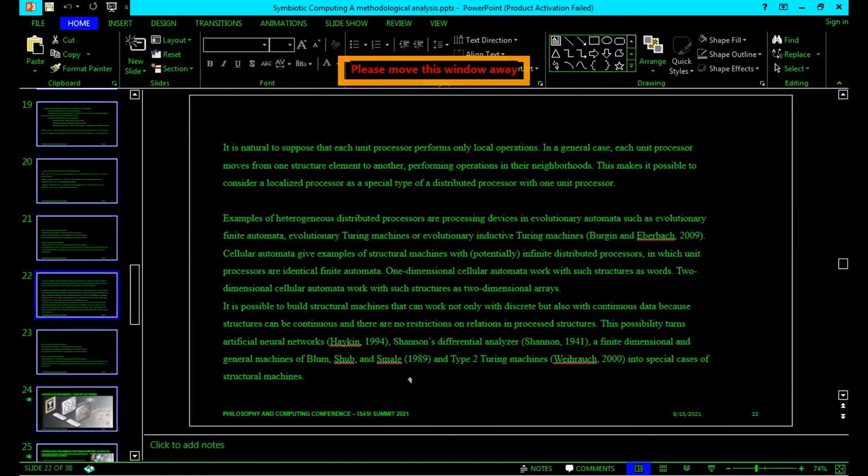And so structural machines comprise all kinds of artificial neural networks, Shannon's differential analyzer, finite dimensional and general machines of Blum, Shub, Smale, and type 2 Turing machines of Weihrauch.